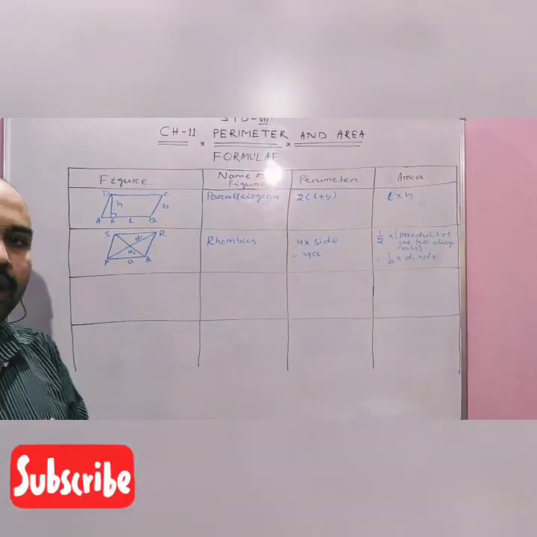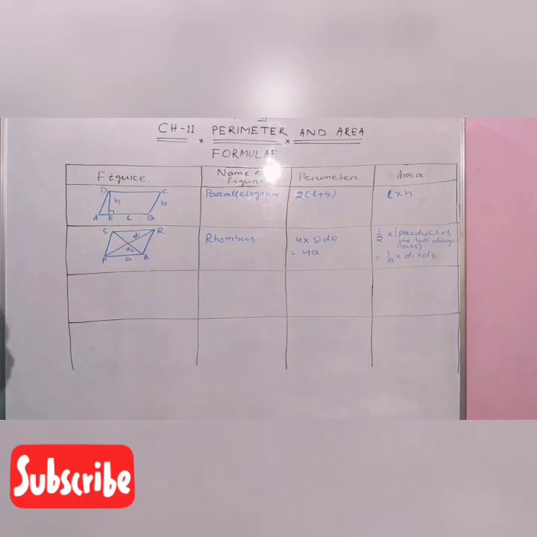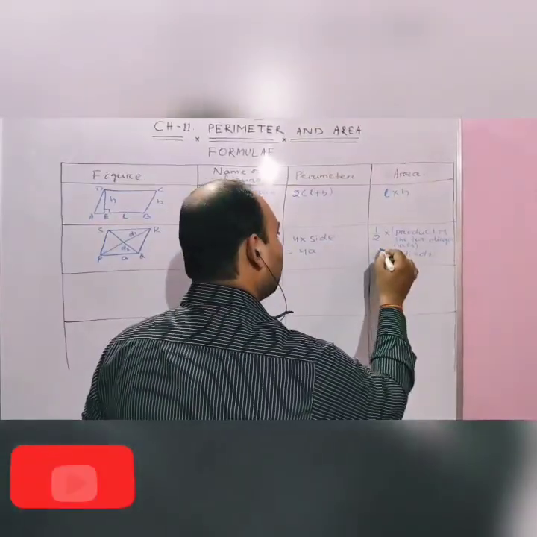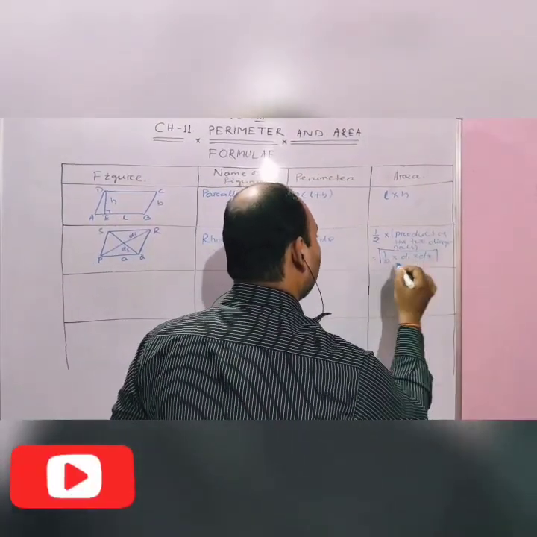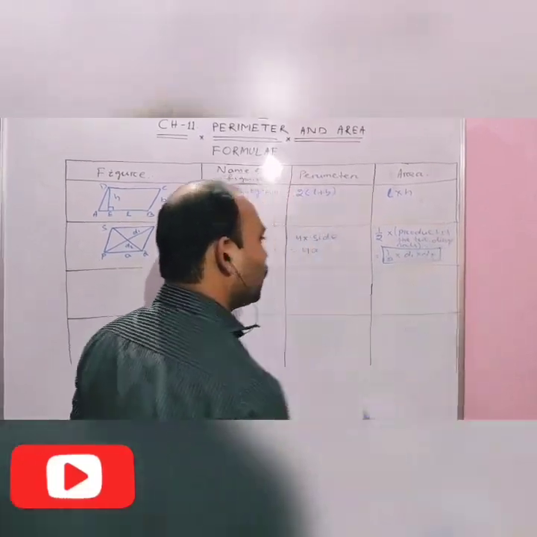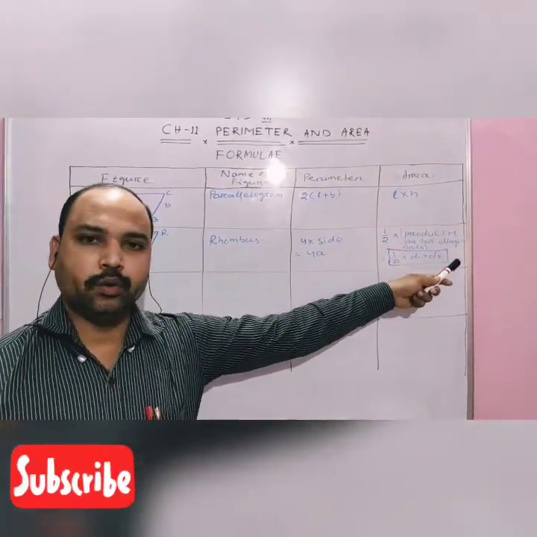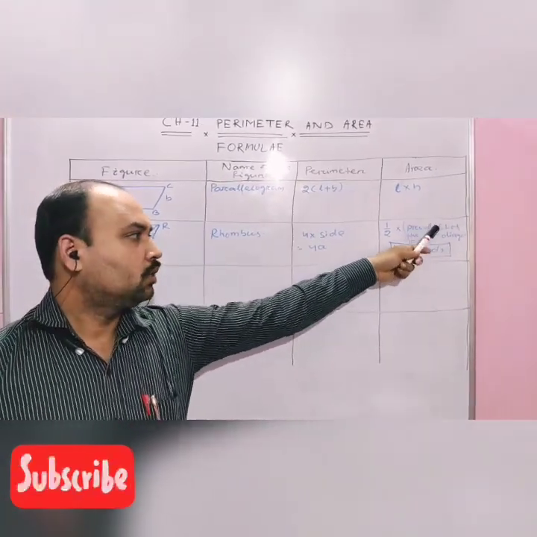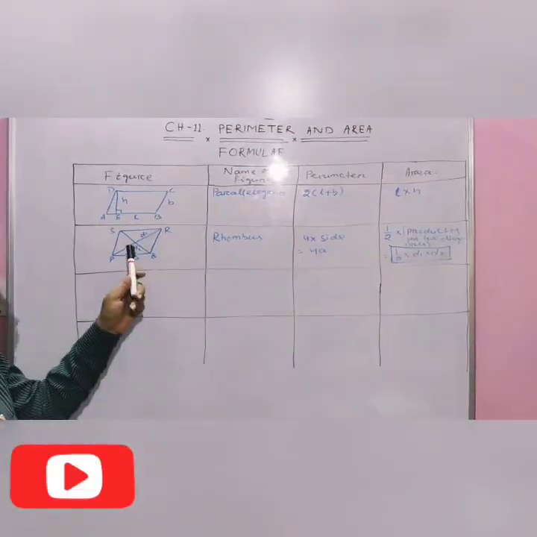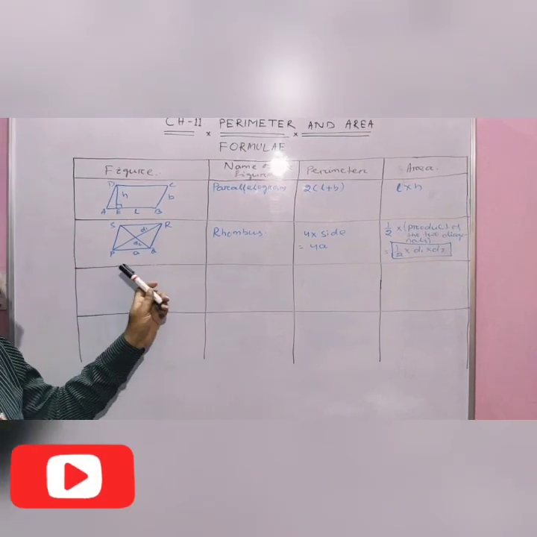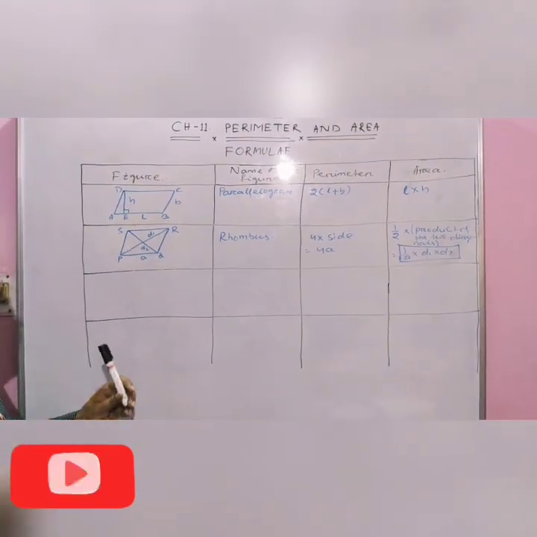So this is the formula to find the area of a rhombus. Half into D1 into D2, where D1 into D2 means the product of the two diagonals. It is the area of the rhombus.